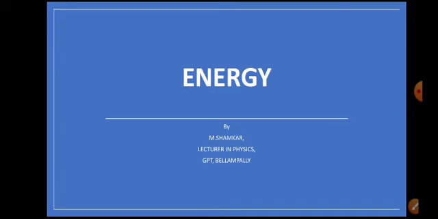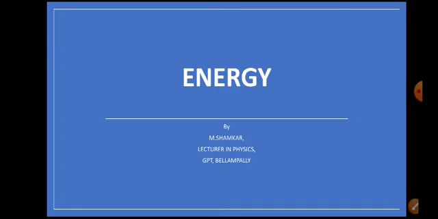Energy is nothing but a capability to do work. Energy units in the SI system are joule, in CGS erg. We know that energy is a scalar quantity.